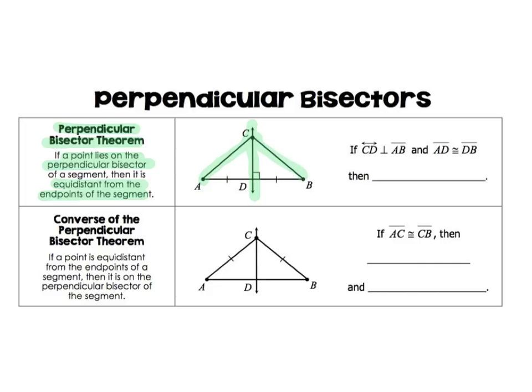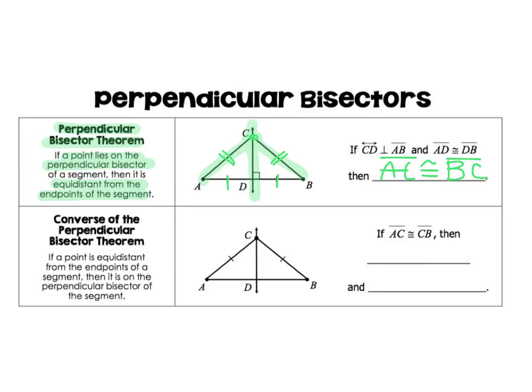So therefore, if we know that CD is perpendicular to AB, and we know that AD is congruent to DB, then we can say that the distance from C to one endpoint, A, is going to be congruent to the distance from C to the other endpoint, B. So then we can say that AC is congruent to BC.